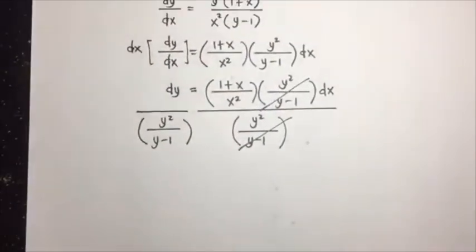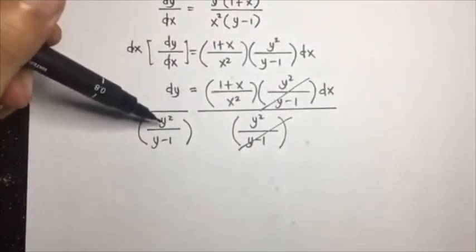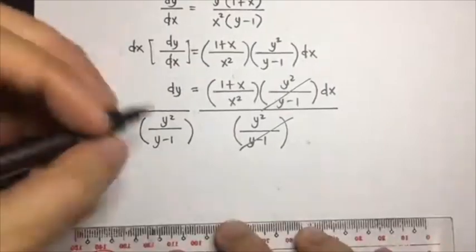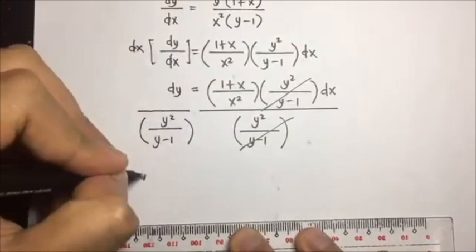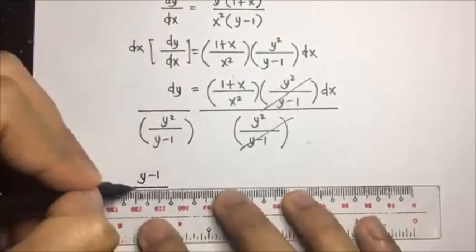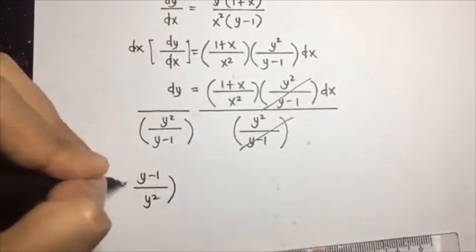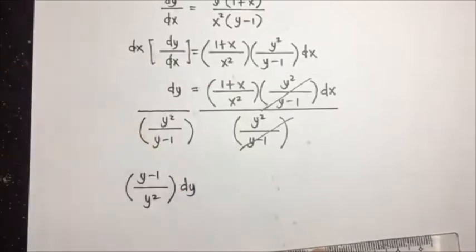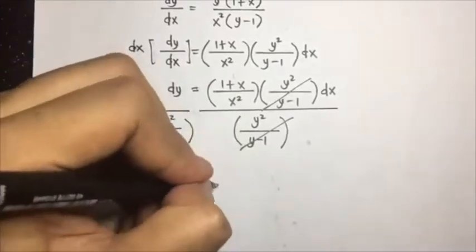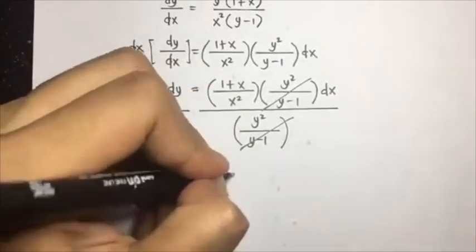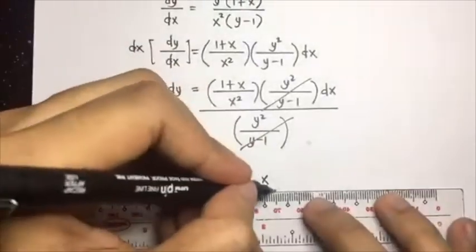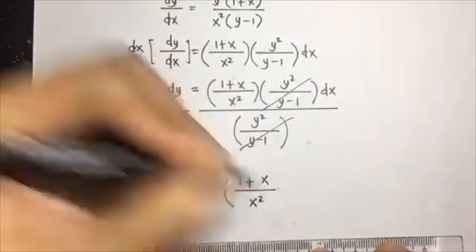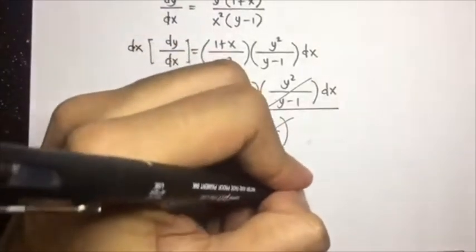If we simplify this side, dy over y squared over y minus 1 will become y minus 1 over y squared dy is equal to 1 plus x over x squared dx.